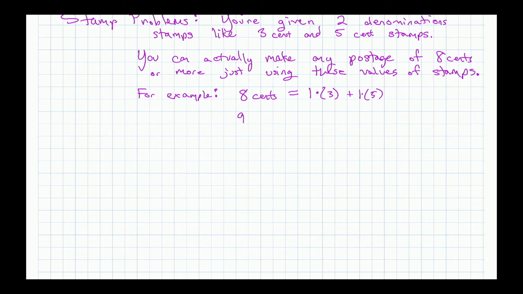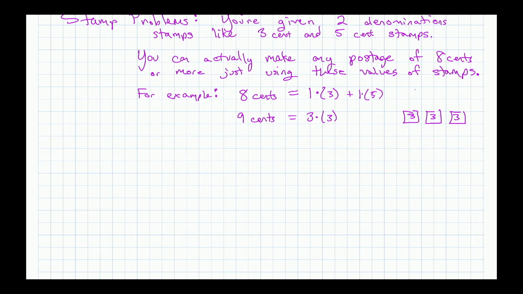And then how would you make 9 cents? Well, the way you would make 9 cents postage is, it would take a different number of stamps. But what you would do is you would use 3 of the 3-cent stamps, right? So you just have stamp, stamp, stamp, and that would be your 9 cents.